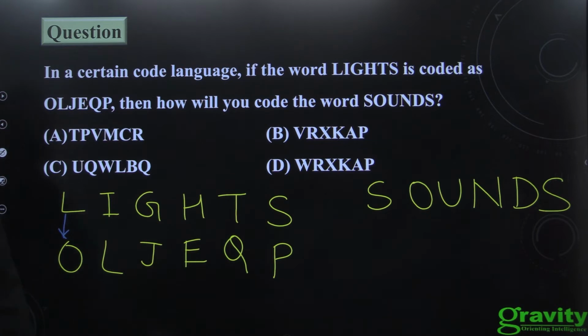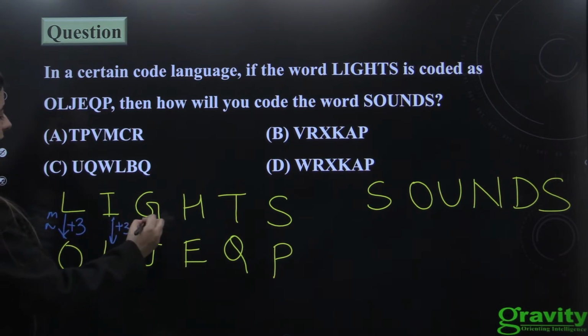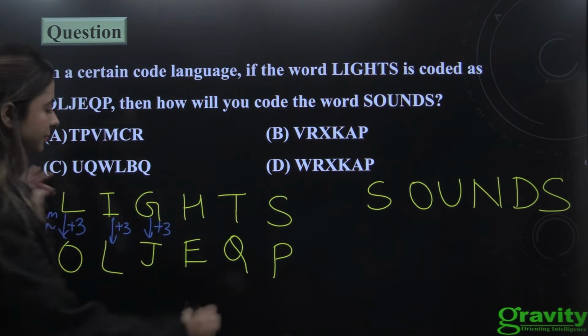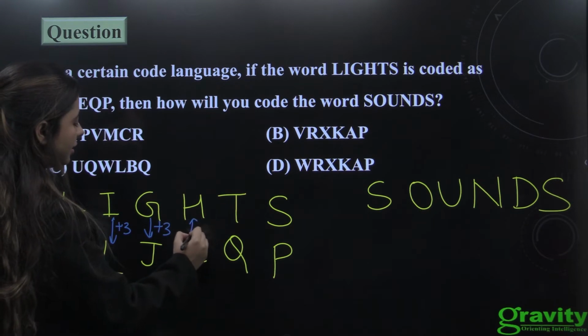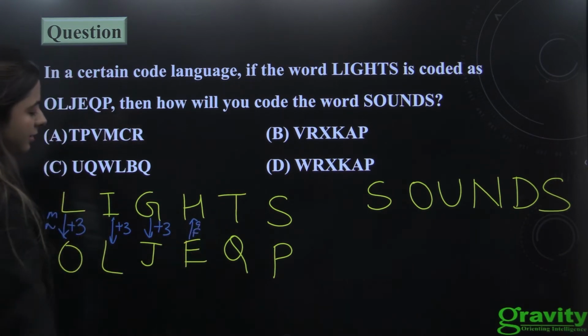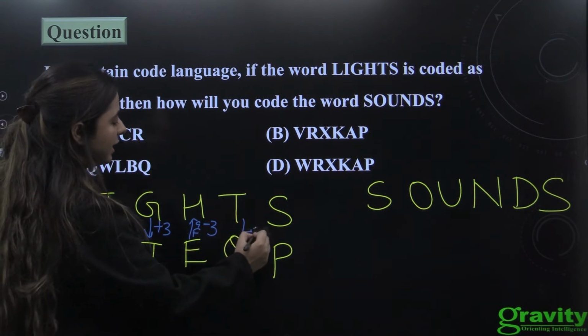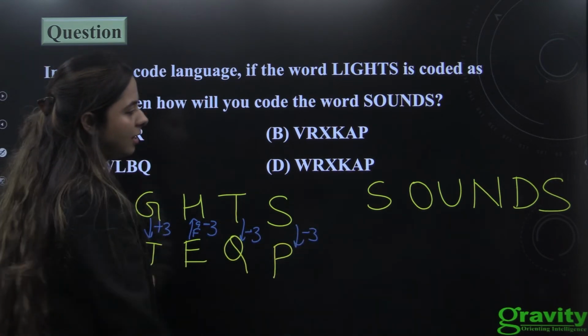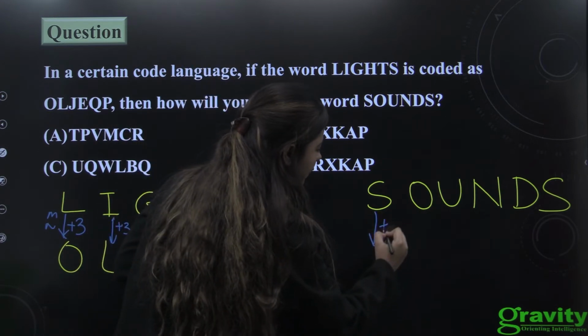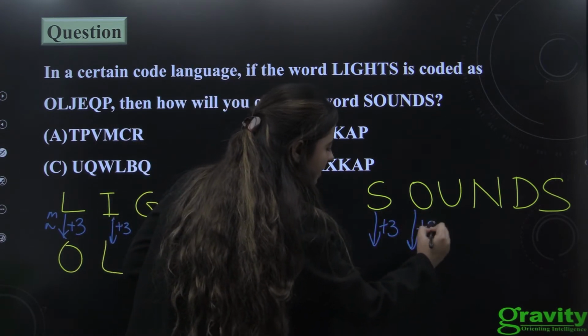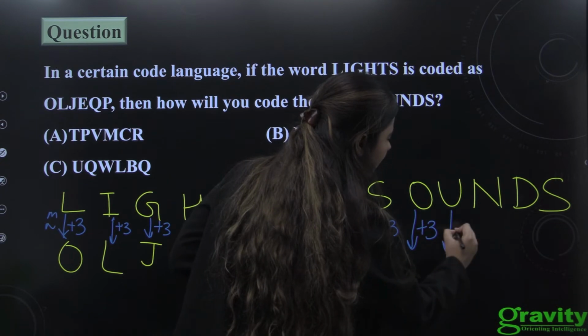L, M, N, O, plus 3. I, plus 3 again. H comes after E. E, F, G. Minus 3. Minus 3 again. Minus 3. So our pattern is plus 3 thrice and minus 3 thrice.